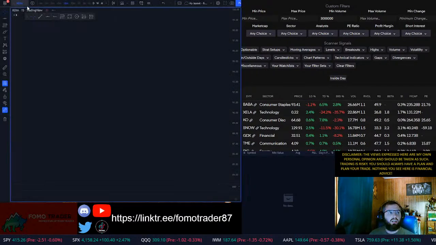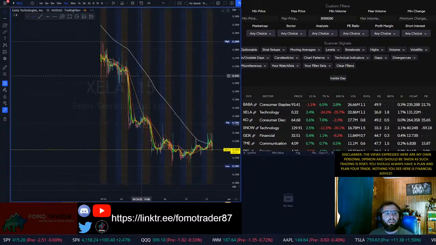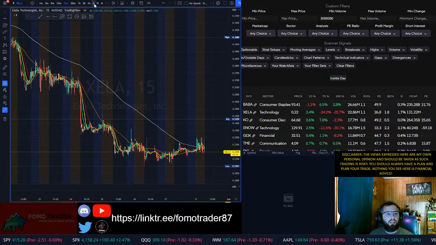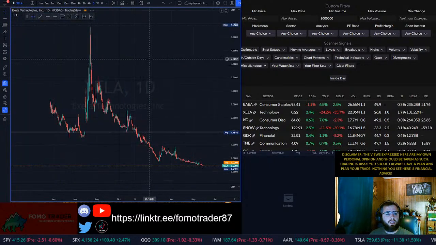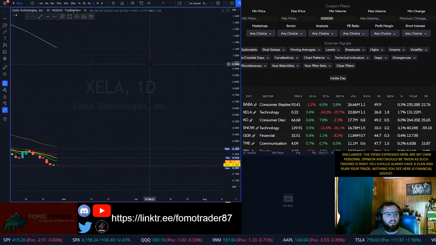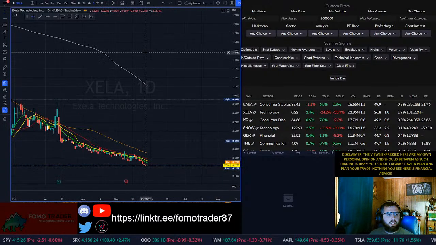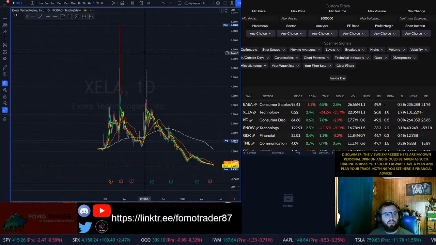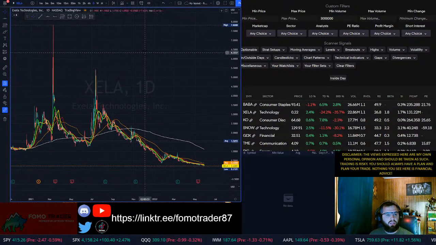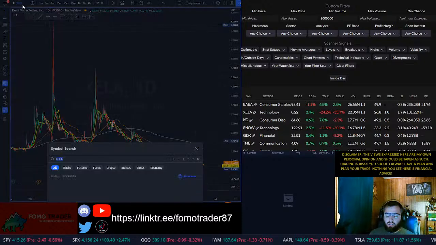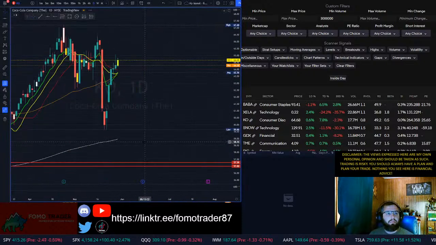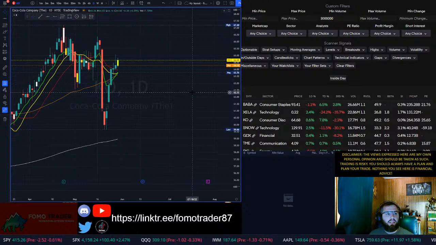So another one we could look at would be XELA. Look at the daily here. I don't like the consolidation range it's got going on. I don't really like this chart very much. It's been in a huge downtrend. So we'll move to the next, KO. Looks like it has some nice potential either way.